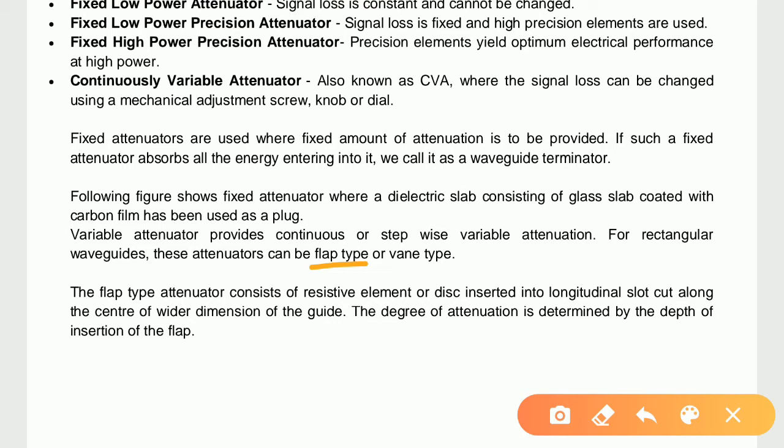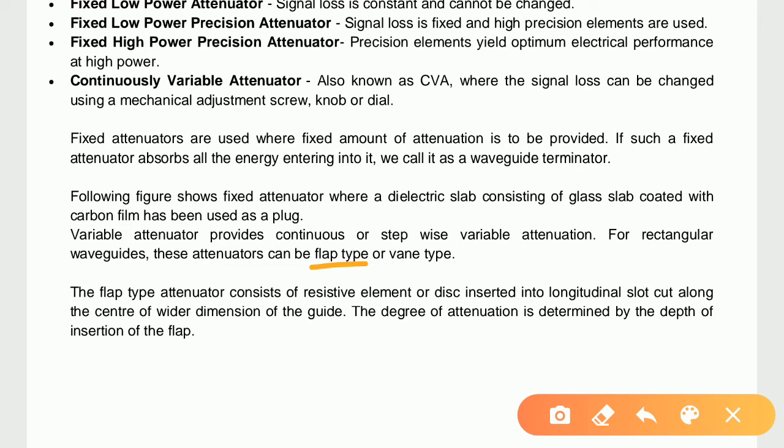Next, the flap type attenuator consists of a resistive element or a disc inserted into a longitudinal slot cut along the center of the wider dimension of the guide. So there is some resistive element, or we can say a disc, which is inserted into the waveguide longitudinally.